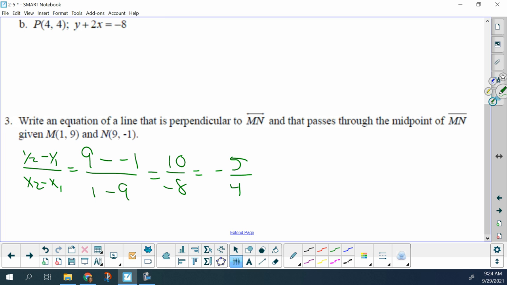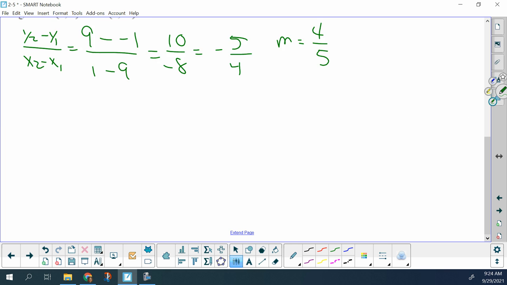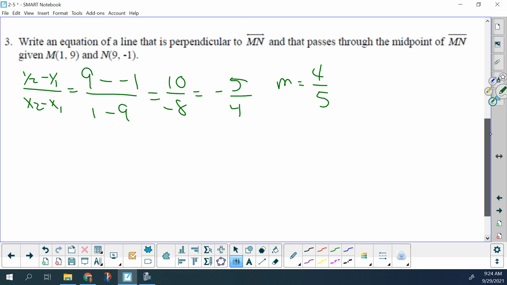Perpendicular, I have to take that and flip it and make it positive. What's my new slope? What point am I going through? Midpoint. I have to find the midpoint. So remember, midpoint is simply taking the average of the x's and the average of the y's.